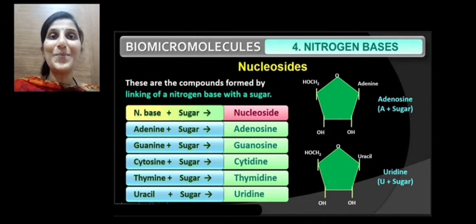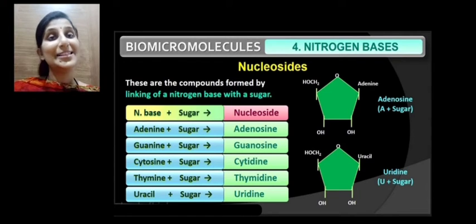Depending upon the nitrogen base, the nucleoside will have a different name. If adenine is attached to a sugar, the compound formed is called adenosine. So what is adenosine? It is nothing but the nitrogen base adenine linked to a sugar. Guanine attached to a sugar forms guanosine.